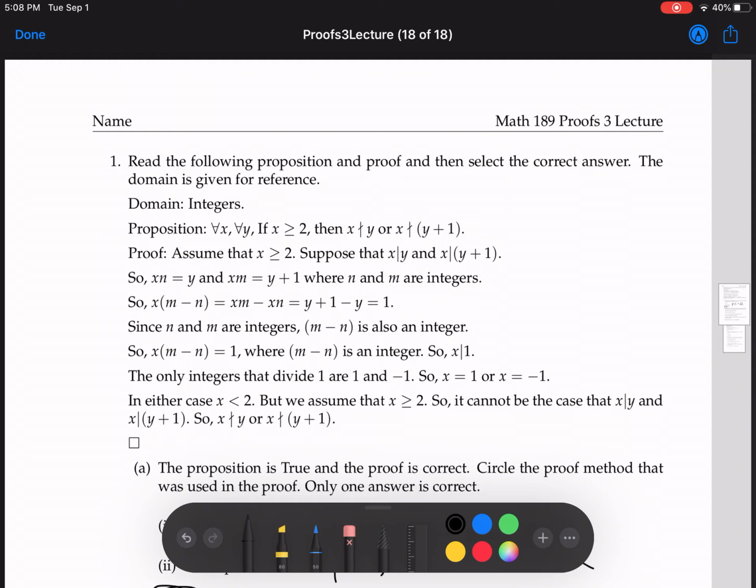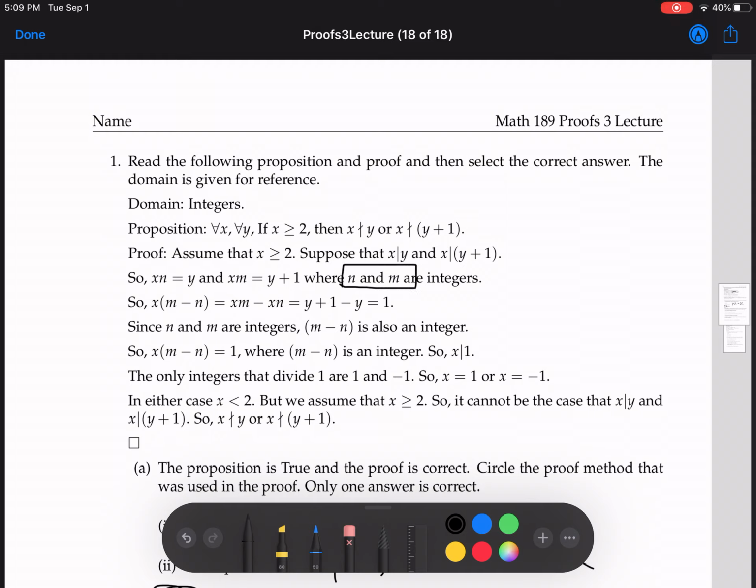Okay, so just try and follow along and see x times m minus n. If you distribute here, you get xm minus xn. And then we know that xm is y plus 1, so that's xm there, and then minus xn. And so that becomes 1. Now, really important thing to notice here is that we declared our variables.